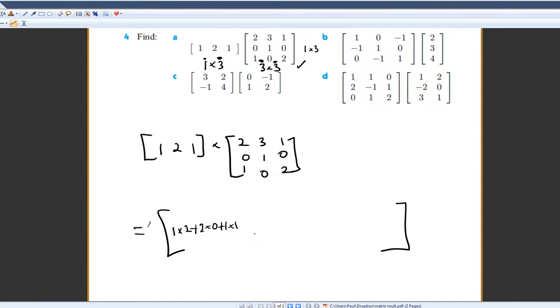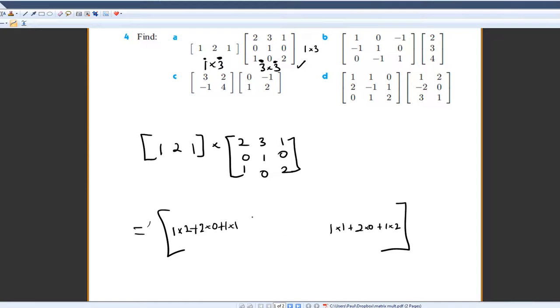So just to do something different, I'm going to get the element that's in position 1, 3 next. So again, what I'm going to do is run the first row and dive the third column. And that gives me the element that's in position 1, 3. So we'll go 1 times 1 plus 2 times 0 plus 1 times 2.